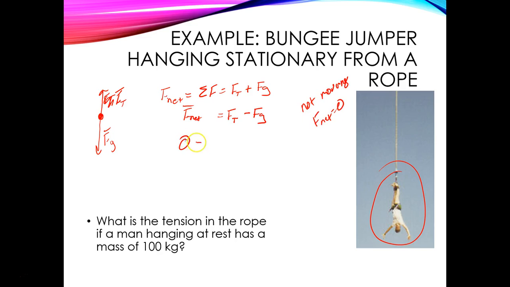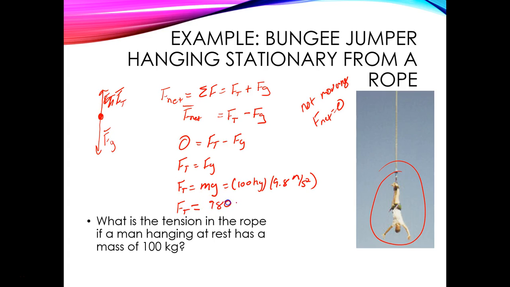So we know that 0 is equal to Ft minus Fg, or Ft is equal to Fg. We know what the formula for Fg is, so Ft is going to be equal to mg, which will be 100 kilograms times 9.8 meters per second squared, which gives us a force of tension that is equal to 980 newtons.